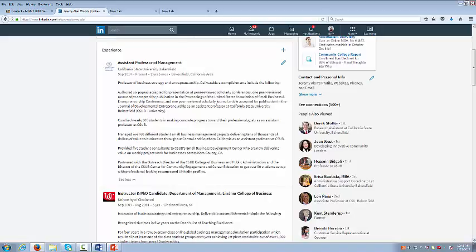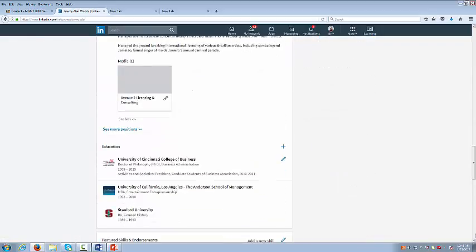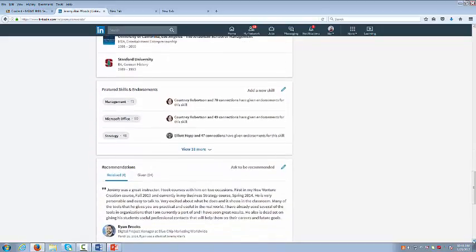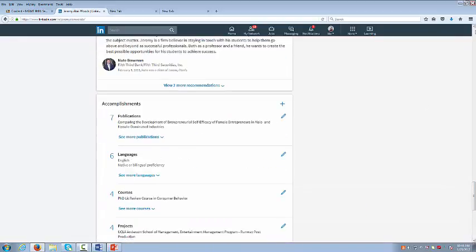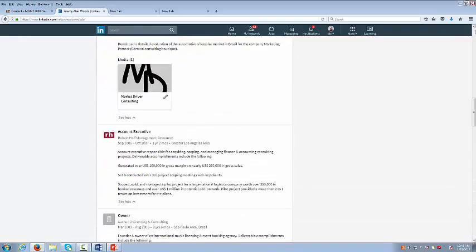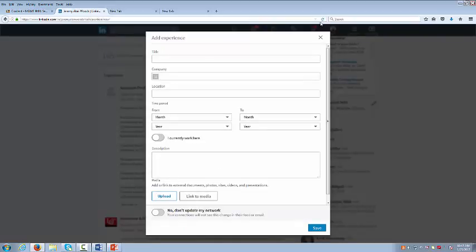Once you've added those elements, in order to add additional elements, you're going to need to go down to the section that has that stuff in it and click on the plus button to add another thing. So, for example, if I wanted to add another job, I just click on the plus button here and I can add the new job.